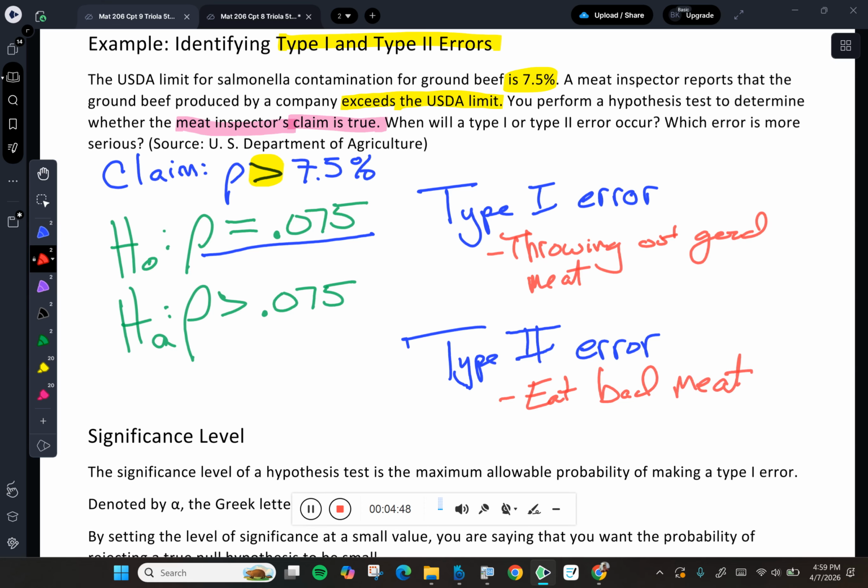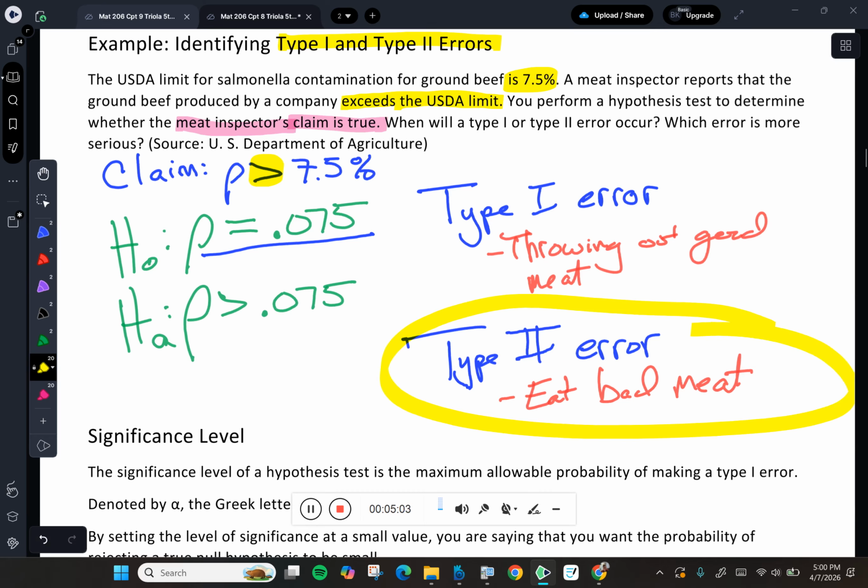Which one's worse here? Would you rather throw out some good meat or eat some bad meat? Now, I think we could all probably agree that in this specific scenario, the type 2 error has more potential downside. Someone could get potentially very ill if they contracted salmonella by eating bad meat.